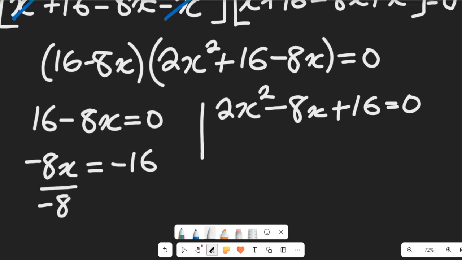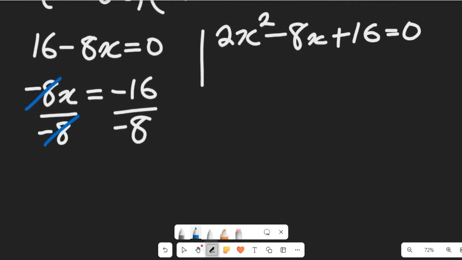If we divide both sides by negative 8, negative 8 will cancel out negative 8, and then the value of our x will now be equal to negative 16 divided by negative 8, which will give us 2. So the first value of our x, x1, is equal to 2. Now, what do we do next?